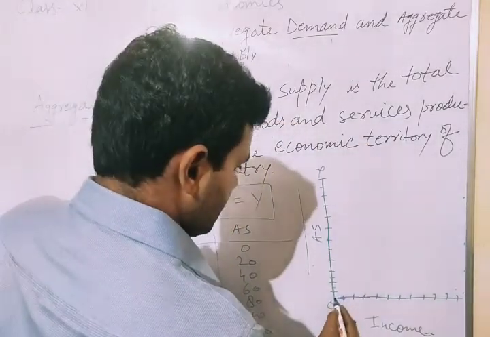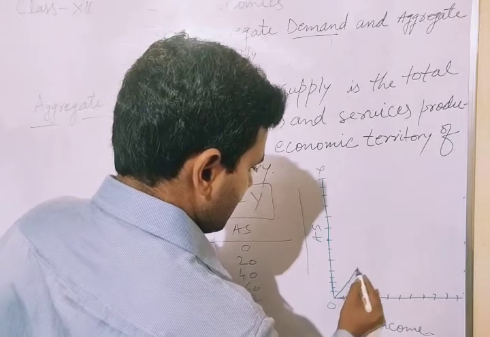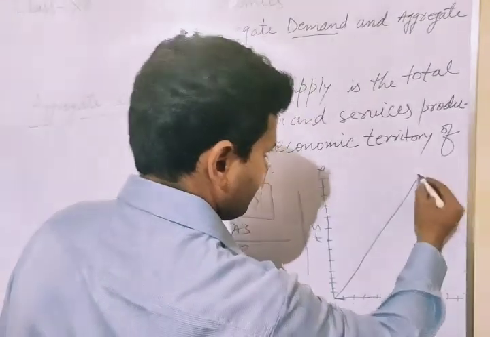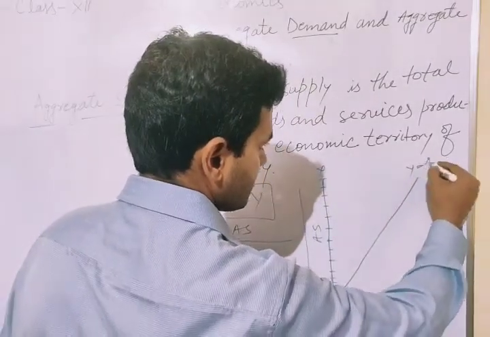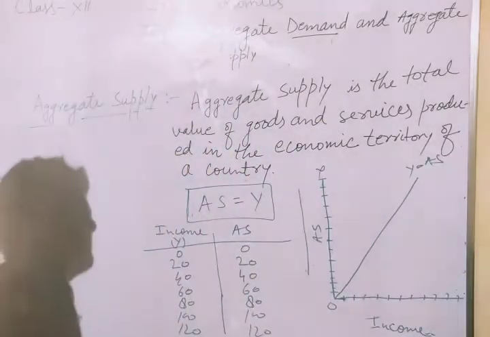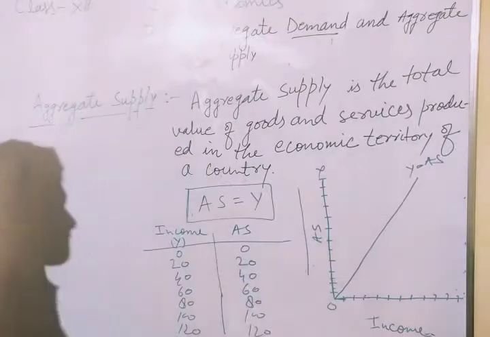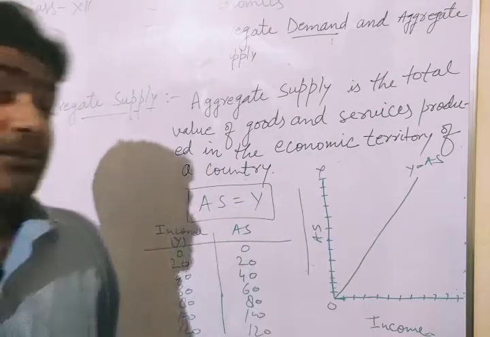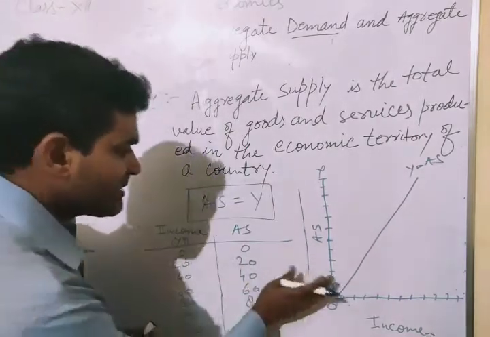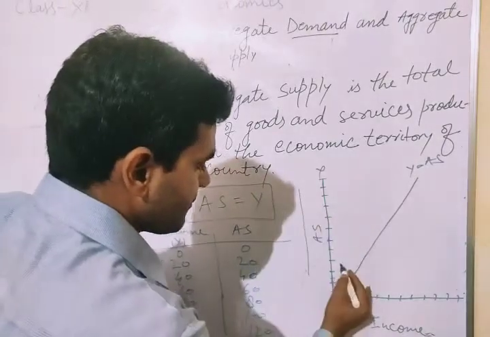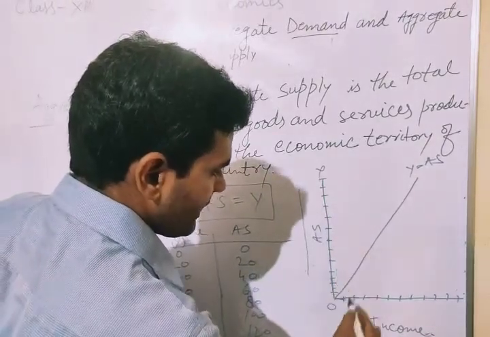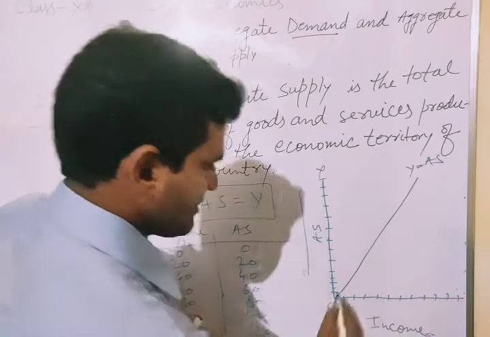So here we see that it becomes a 45-degree line. Y is equal to AS. This is the 45-degree line, or aggregate supply curve. What does it mean? It means it has equal coordinates from the OY axis and OX axis.